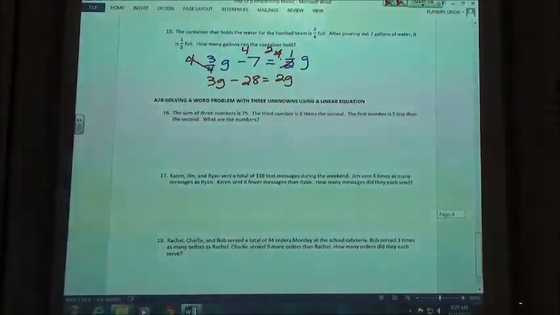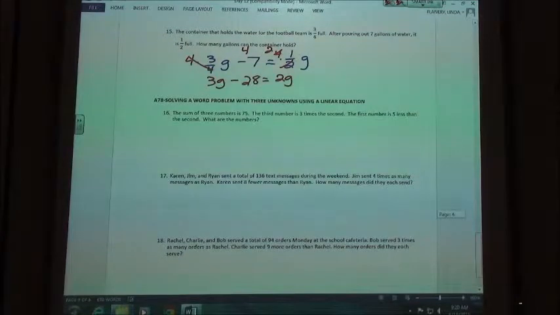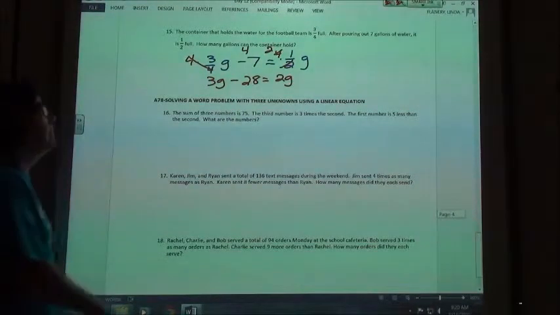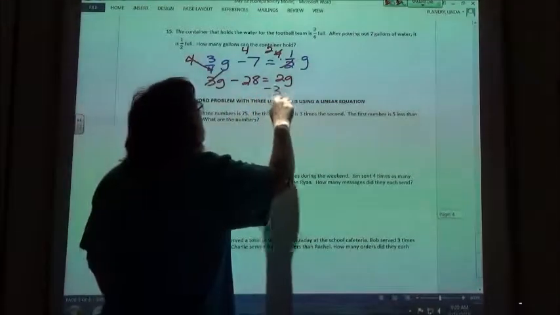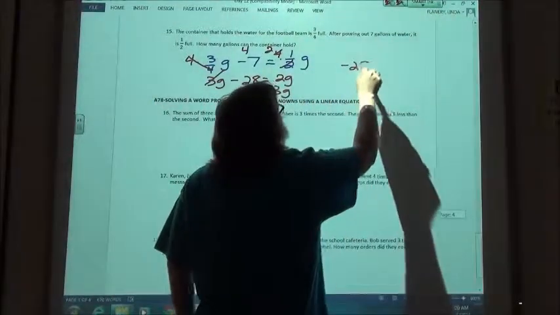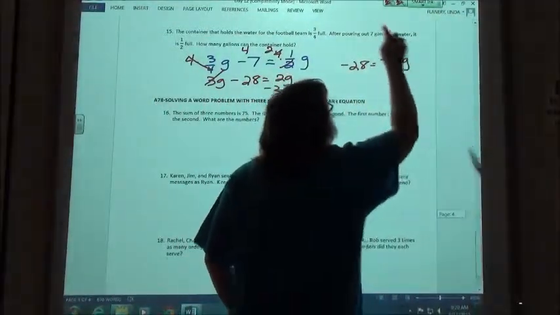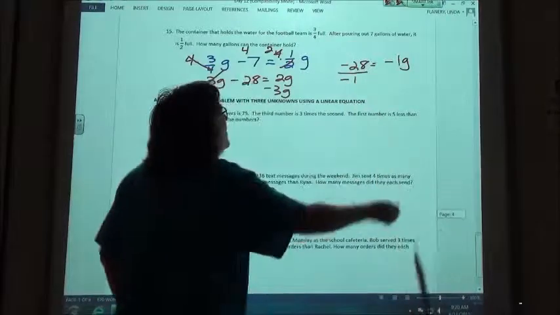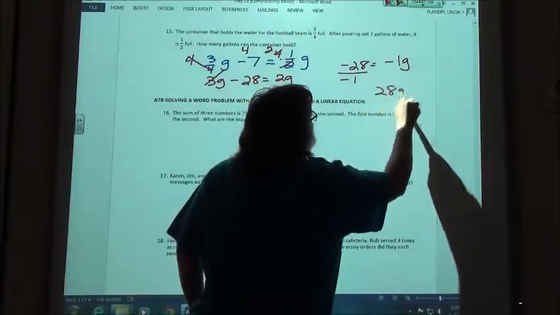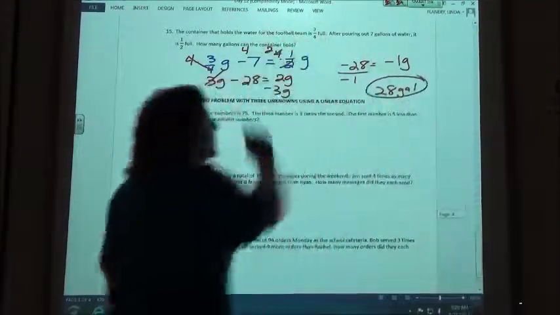So don't forget to multiply your whole number times that 4 also. And so in order to solve that, we would subtract our 3G. So negative 28 equals negative 1G. And if I divide by my negative 1, then 28 gallons.